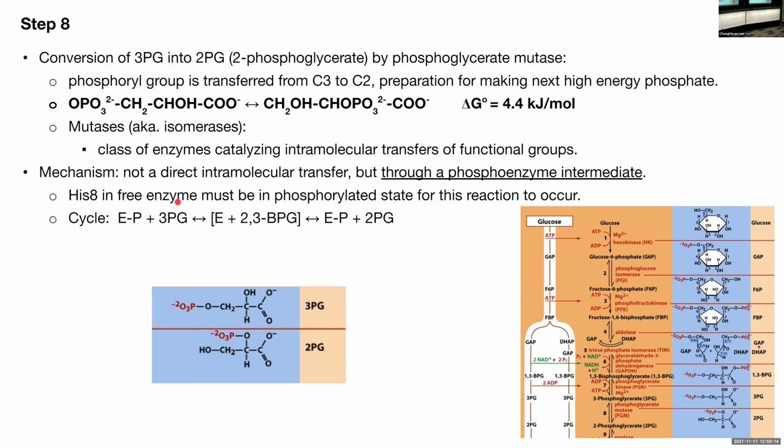So especially this mutase has a histidine residue in the active site that is phosphorylated, and this phosphorylated enzyme gets the 3PG as a substrate, and then gives this phosphate group to the substrate to make the ES complex, where this BPG gets the 2-phosphate group, and then eventually, as a product, it will lose the 1-phosphate group that is attached to C3.